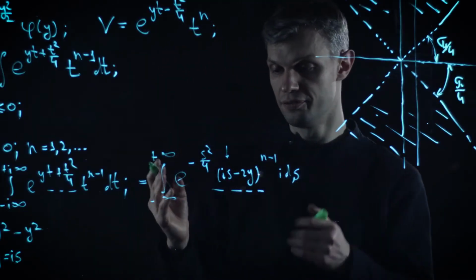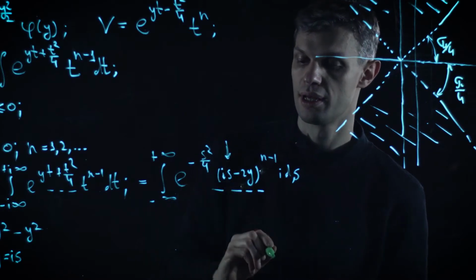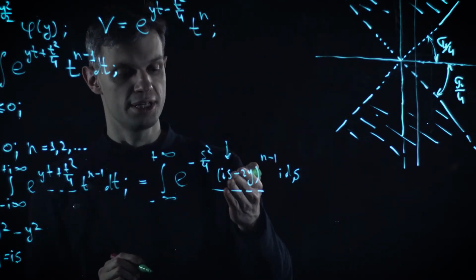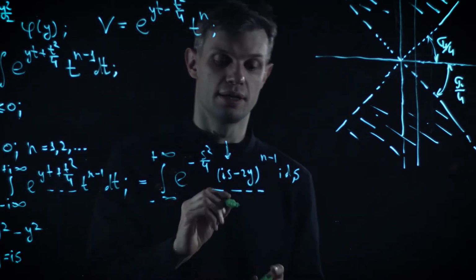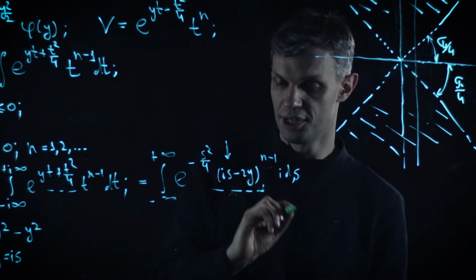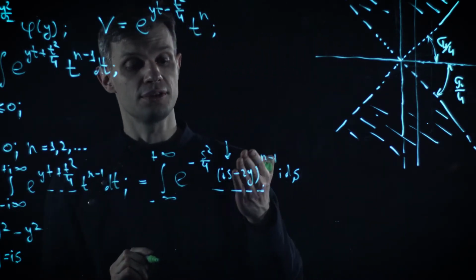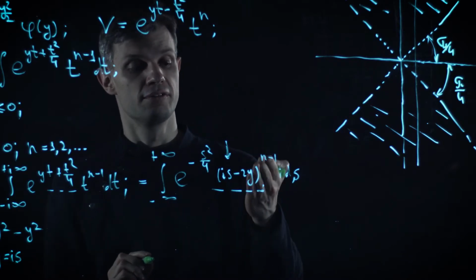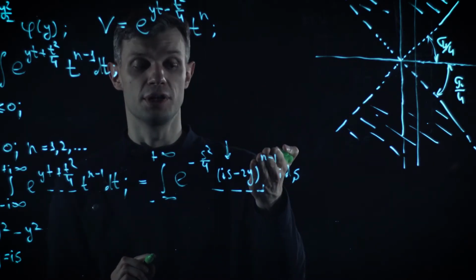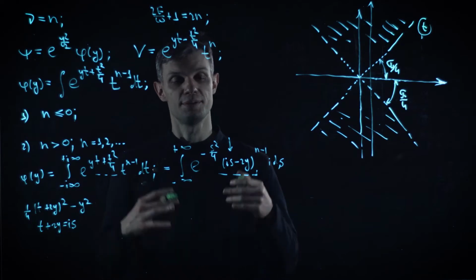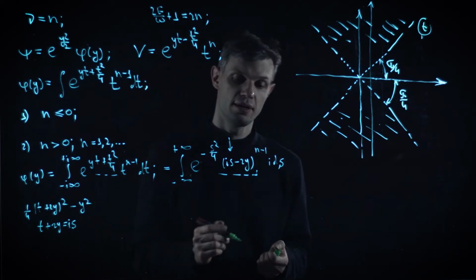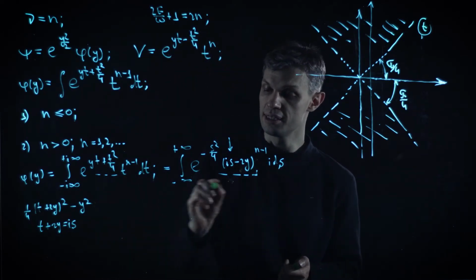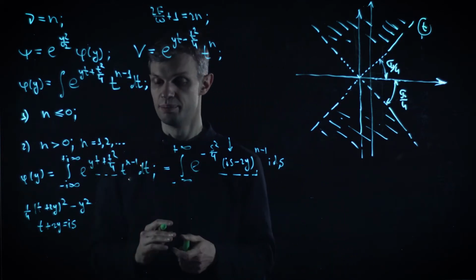So after the change of variables, you see that the only y dependence in our integrand is located in the pre-exponential factor. And the integral actually can be taken exactly for arbitrary integer value of n. And I leave it up to you as a homework exercise to prove that this integral indeed gives you the correct Hermite polynomials.